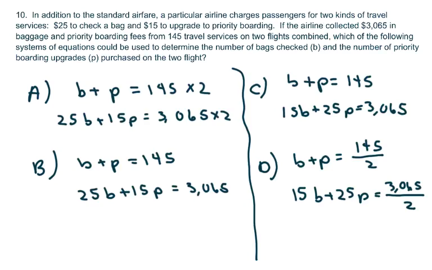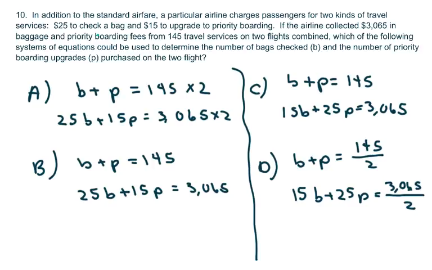Okay. Now, the last question is a word problem. Okay, so we have a system of equations. A particular airline charges passengers for 2 kinds of travel, $25 to check a bag, and $15 to upgrade to priority boarding.